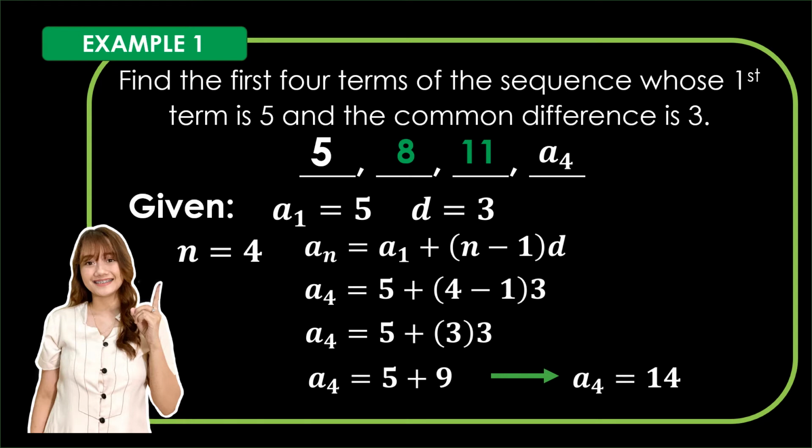Thus, our fourth term is 14. We can now substitute the value of a sub 4 to our sequence. Now, our sequence is 5, 8, 11, and 14. Thus, our first four terms of the sequence are 5, 8, 11, and 14.